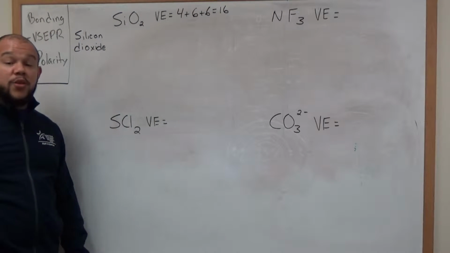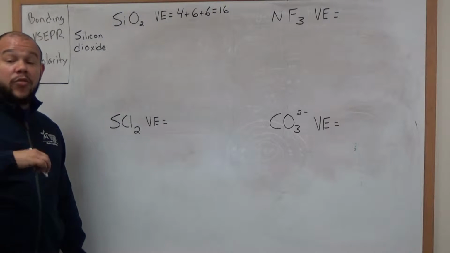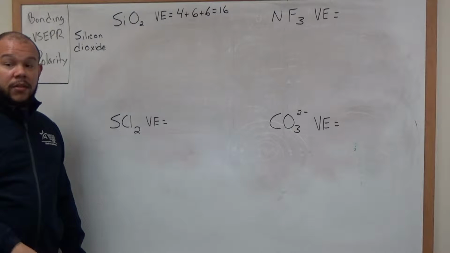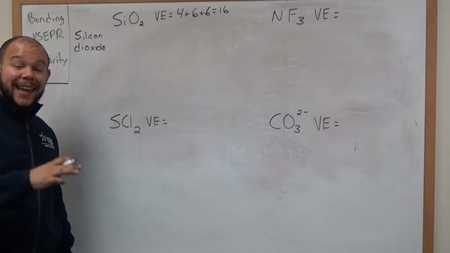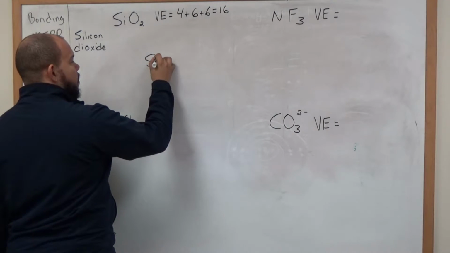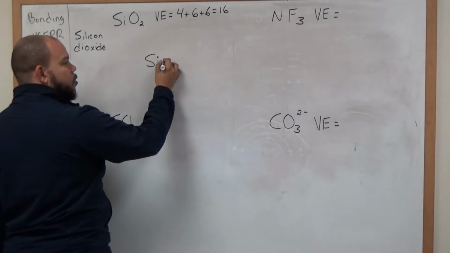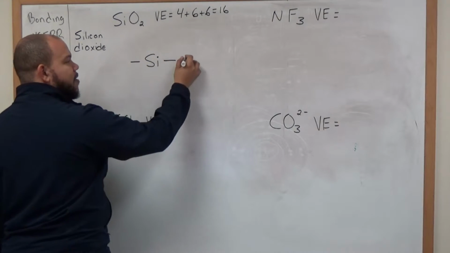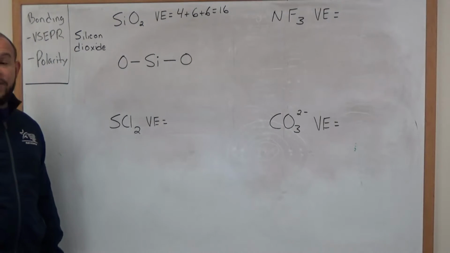We need to make sure we use all of those up. Remember, the least electronegative, or generally the one that's on the left, is going to be our central atom. That means that we draw silicon here, and what do we do first? We create a single bond to each of the remaining atoms in the compound.